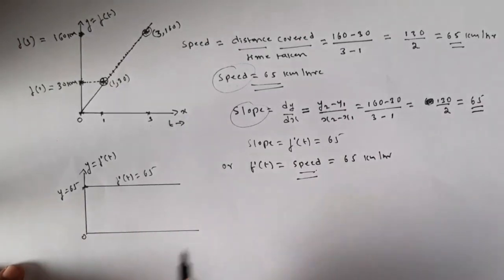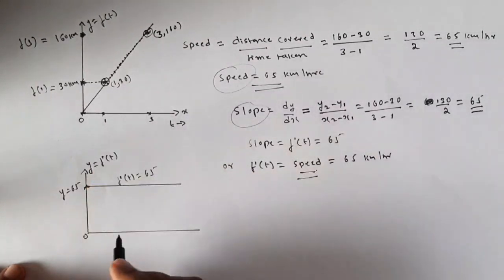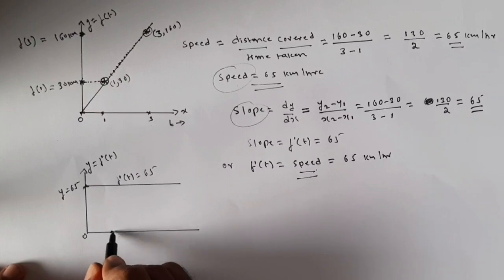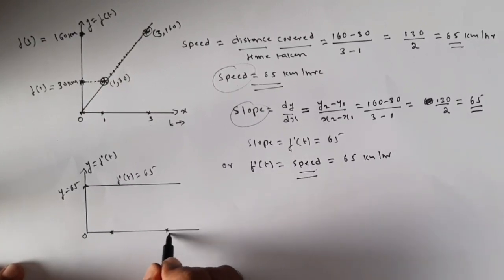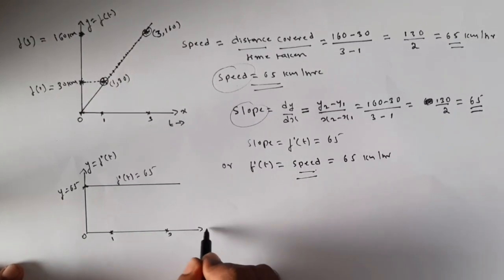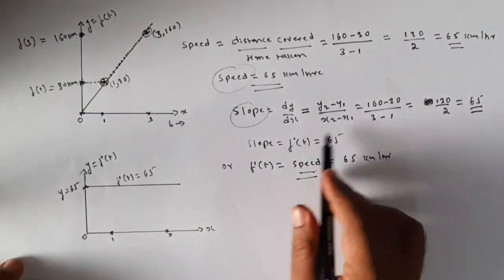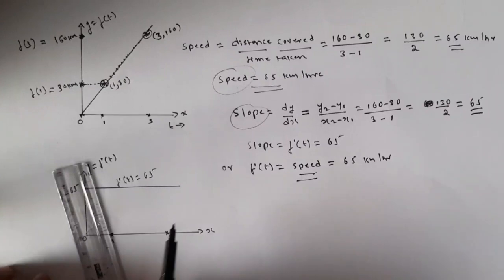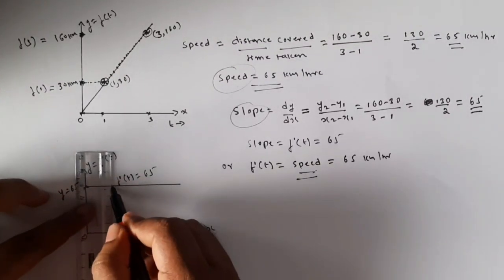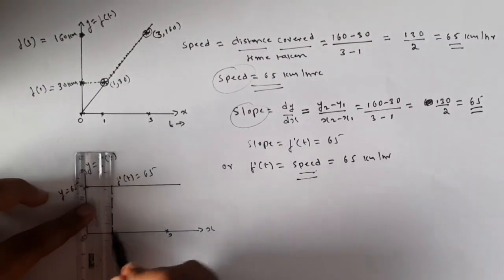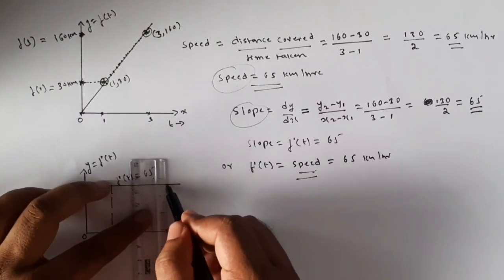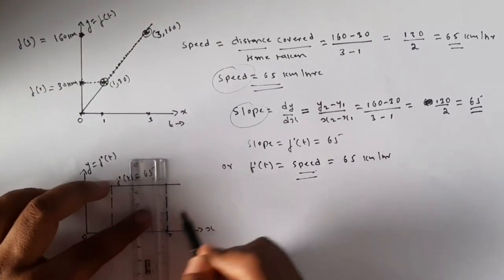Now, the same time you take here on the x axis, after 1 hour, and here the time is 3 hours. This is 1 hour, 3 hours, and from 1 hour to 3 hours the speed is 65 km per hour. So when time t is equal to 1, speed is 65, and when time t is equal to 3, speed is 65.